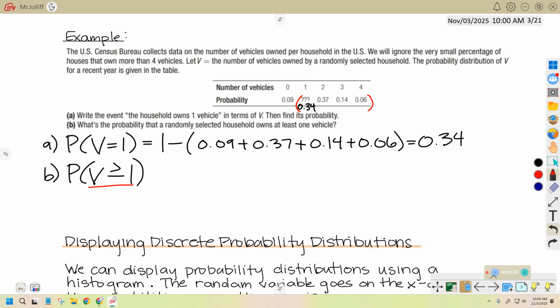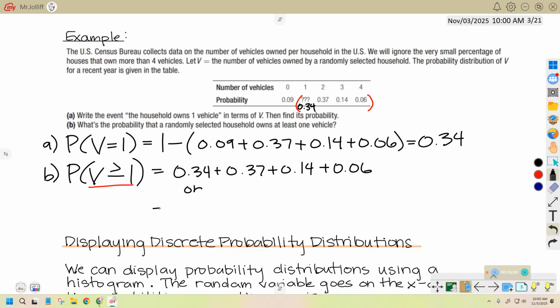So what can I do to find this probability? Add them all up. So that's one possible solution: 0.34 plus 0.37 plus 0.14 plus 0.06.